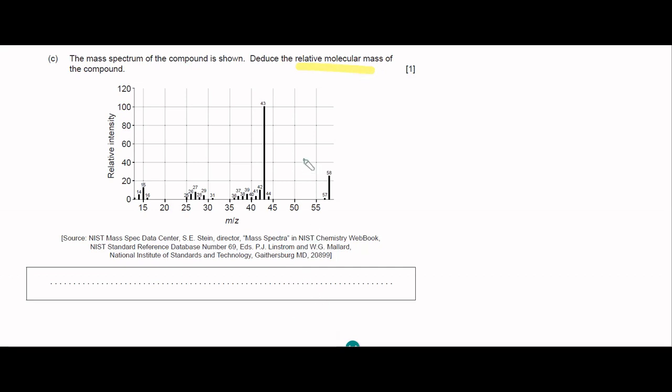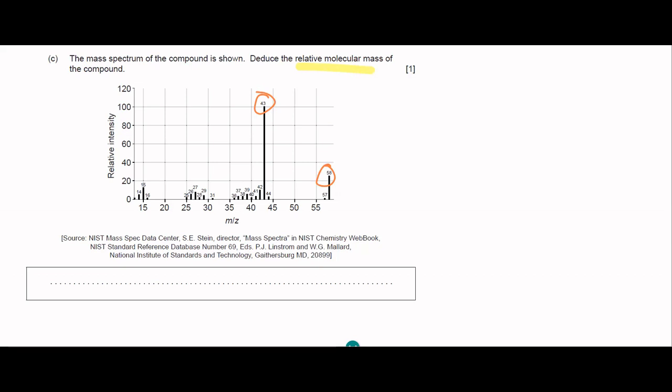So here you can see two strong peaks, one at 43, another at 58. The minor peaks are shown here, but we can ignore them. These peaks are created by ions.